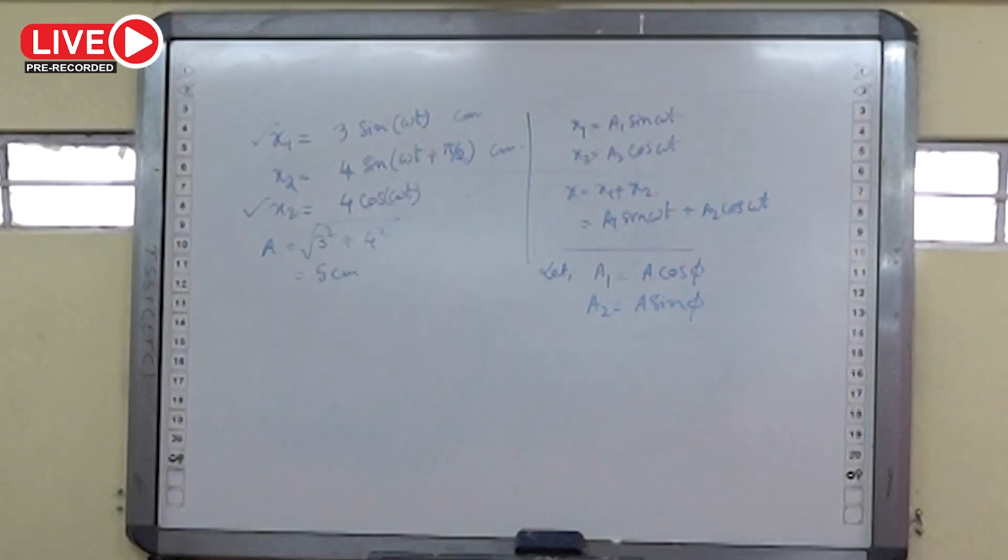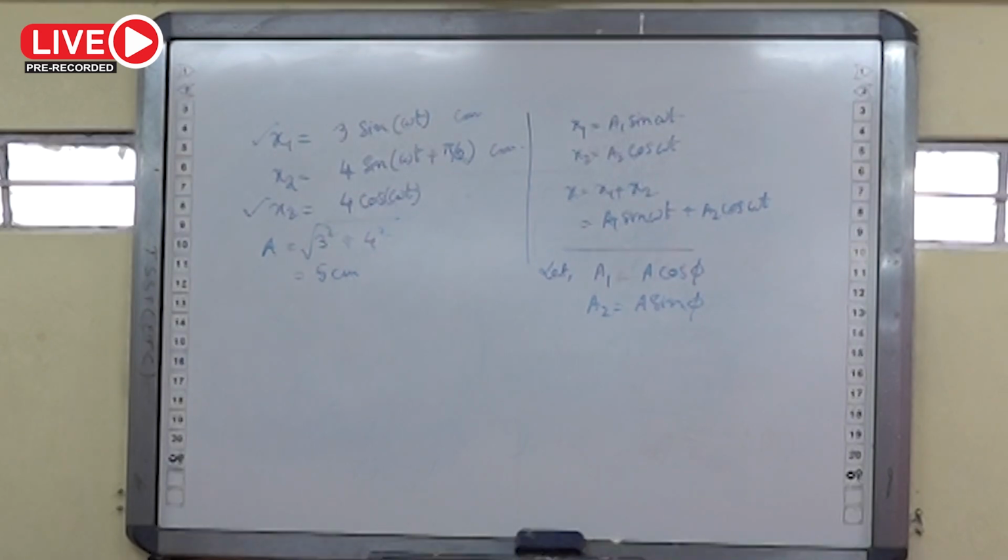It may be any other shape. I consider that these are sinusoidal functions, so I consider them in a sinusoidal form. The only thing you have to check is whether the number of constants remains the same. Previously it is a1 and a2, now it is capital A and phi. So previously there were two constants, now there are two constants.